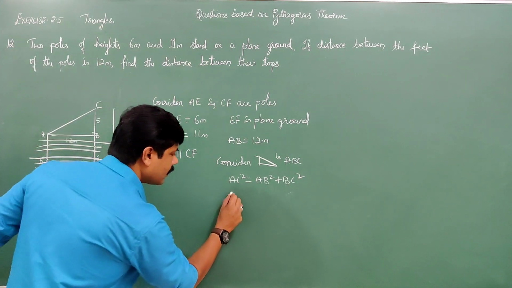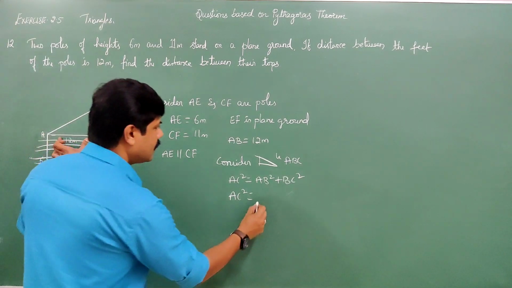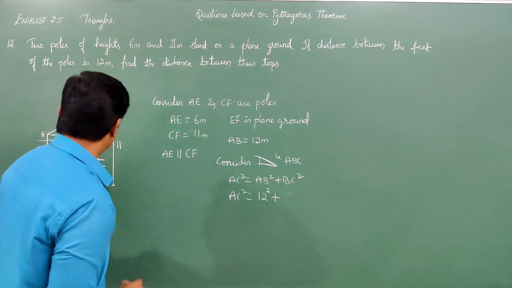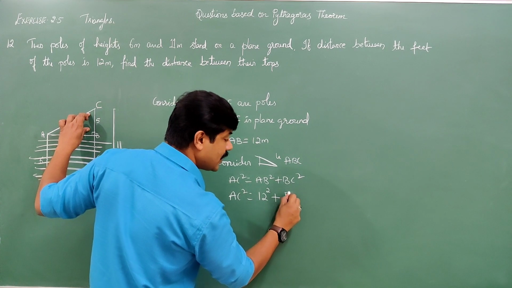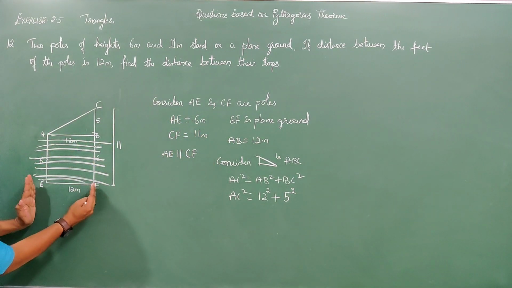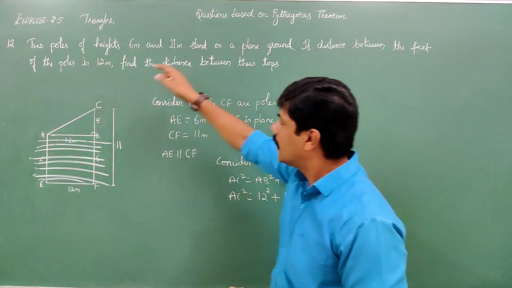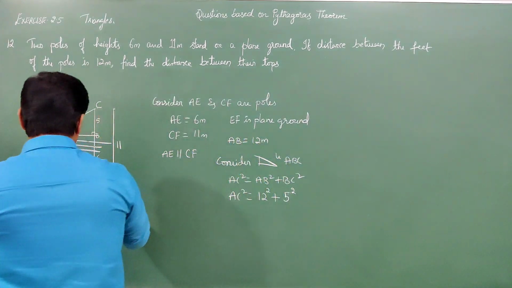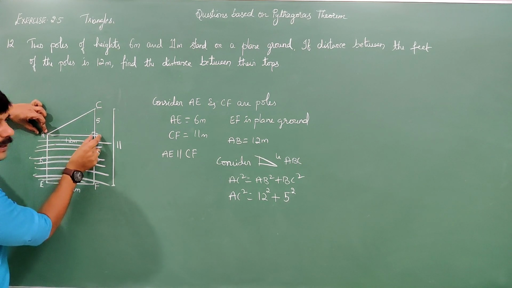Right now AC square is equal to AB square. AB is 12 meter, so AB square is 12 square. BC is 5, so BC square is 5 square. Understand how we got this? If the distance between the feet of the poles is 12 meters, and since they are standing parallel, the distance between A and B is also 12.